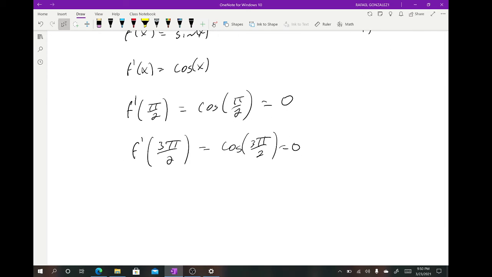Now, from these two examples, what I want you to realize is the following.